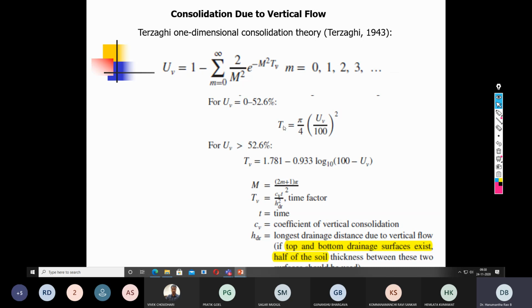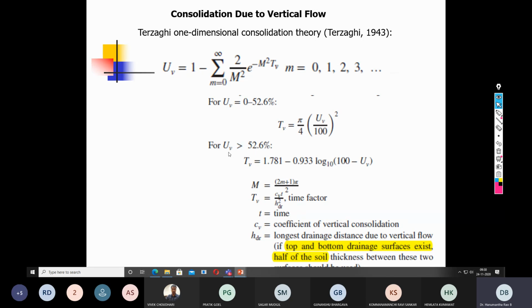This is the relationship between the time factor and the average degree of consolidation in the vertical direction. It is valid for average degree of consolidation from 0 to 52.6%. I think earlier it was written up to 60%, but make a correction: it is valid up to 52.6%.